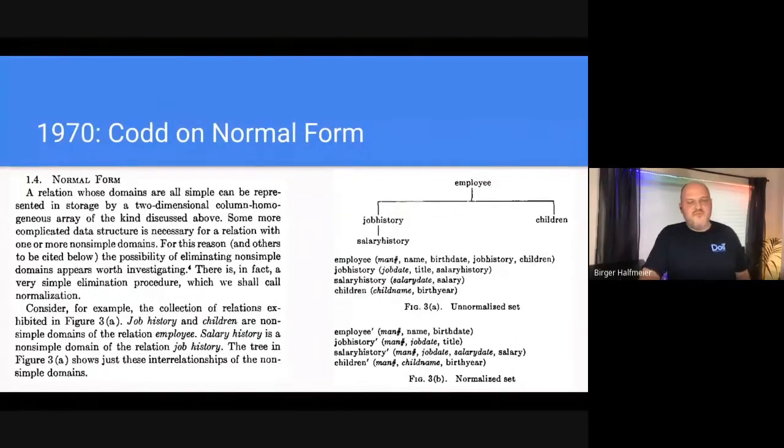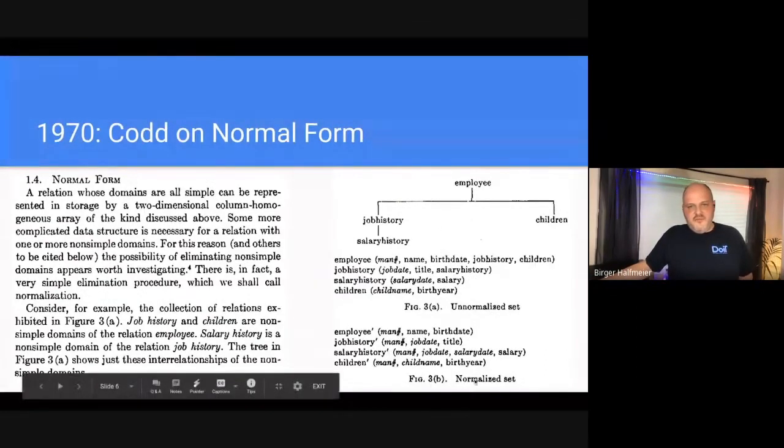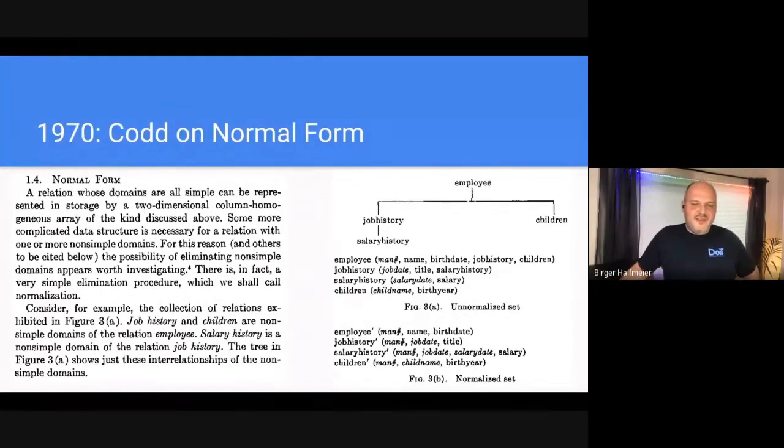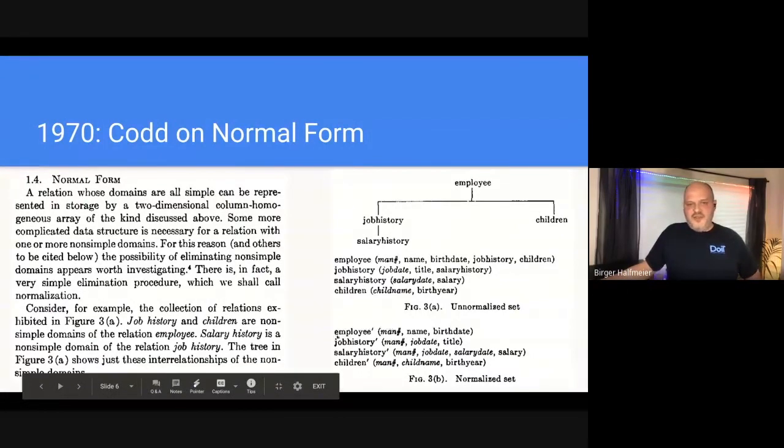So he proposed this process of normalization, where you would turn something like we see in figure 3a at the top into something like we see in figure 3b at the bottom, where there's no parent-child relationship as such, but you've got foreign keys pointing back to their parent record. This is pretty standard normalization, and it's been pretty much the model ever since. So nothing too surprising. In fact, many of you will say, well, my database can't even do the thing at the top. I always had to do it like at the bottom. And that's not necessarily a bad thing.